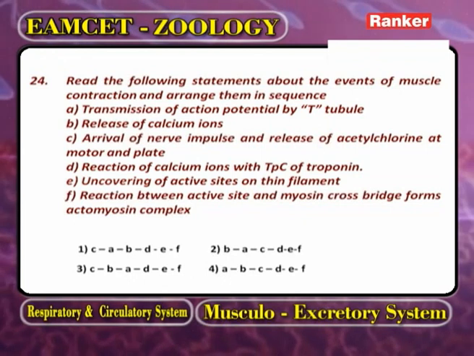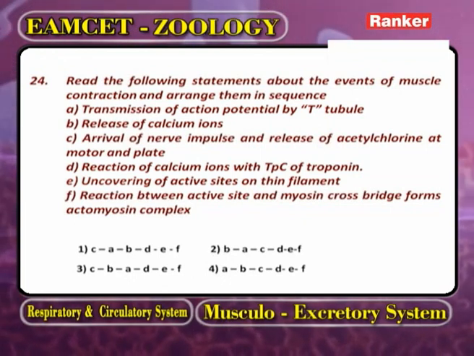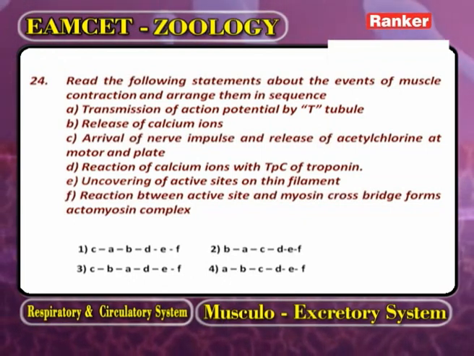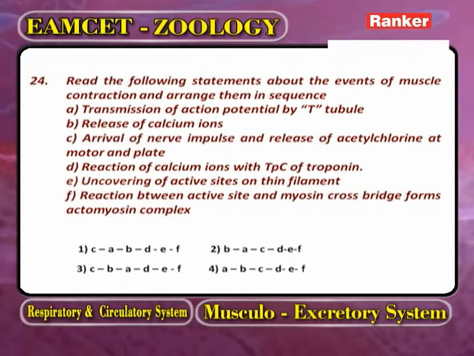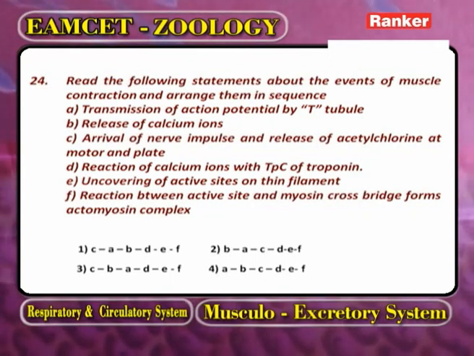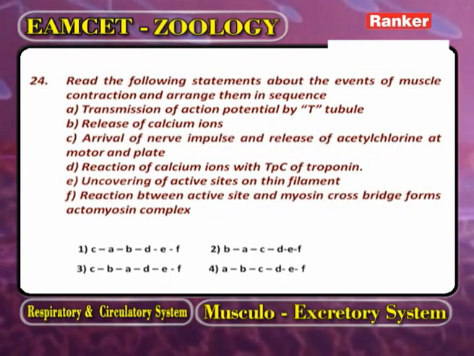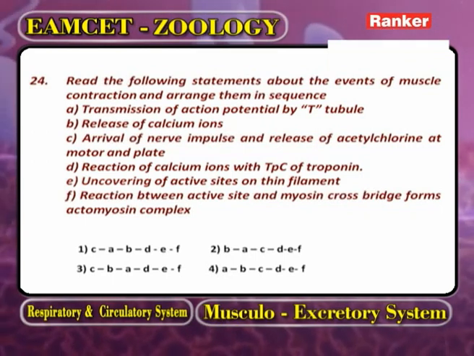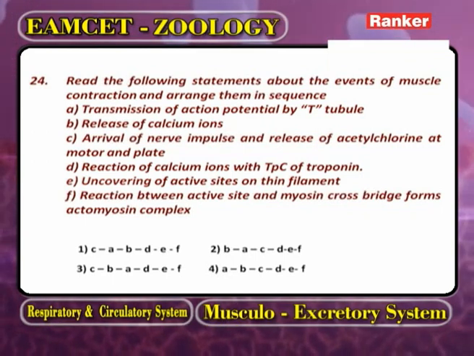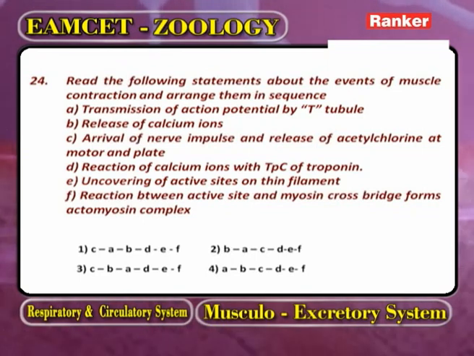Read the following statements about the events of muscle contraction and arrange them in a sequence. First we have to observe the statements. Transmission of action potential. What is meant by action potential? Nothing but impulse. Transmission of action potential by T tubule. Release of calcium ions.